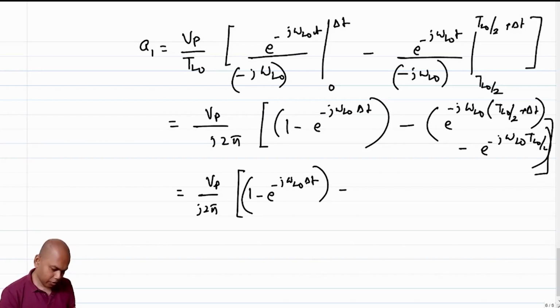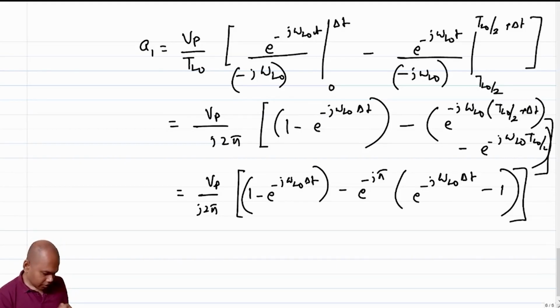Note that omega LO TLO is 2 pi, so I am basically taking the minus j pi out. So here I get e to the power minus j omega LO delta T minus 1, right? E to the power minus j pi is essentially negative 1.